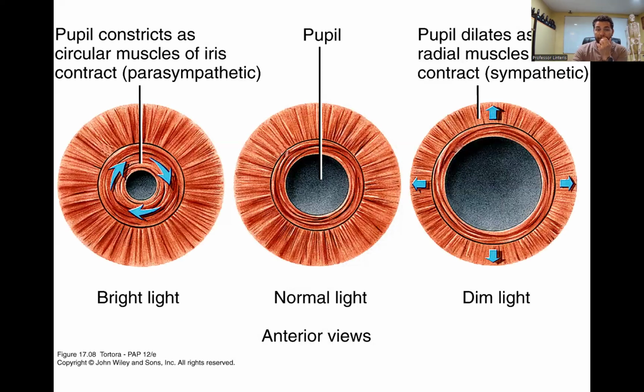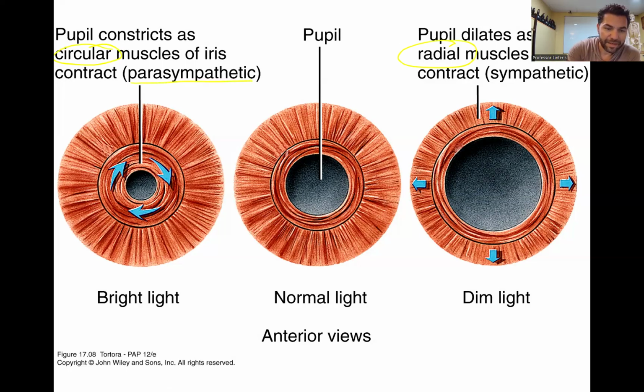This is showing you what I talked about, and I thought about bringing it up in the PowerPoint earlier, but I figured we'd get to it, so it doesn't matter. This is your pupil, right? So the big picture here is we have two types of muscles, circular and radial muscles.